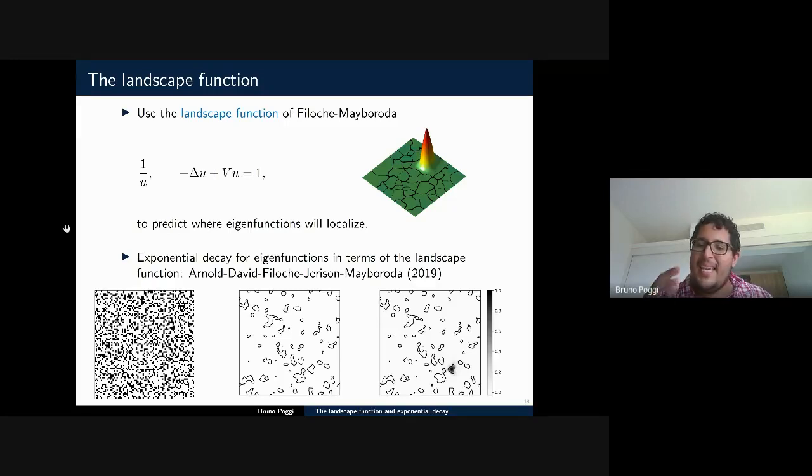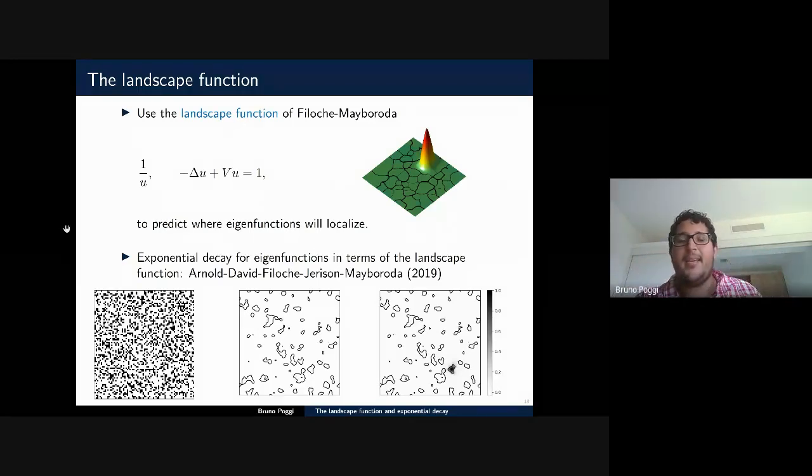As you see, it's just a solution to a PDE, and boundary conditions you can choose. You can choose Dirichlet, Neumann, or periodic boundary conditions, whichever will help you study the eigenfunctions that you want to study.